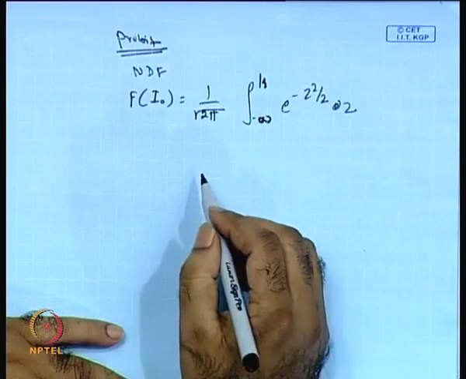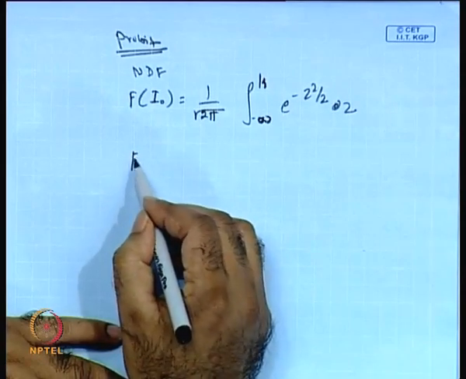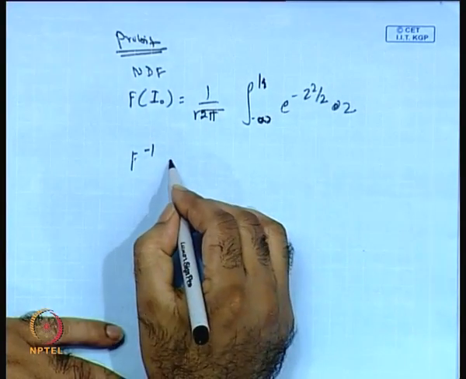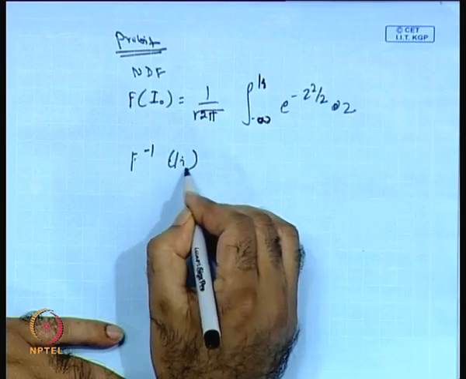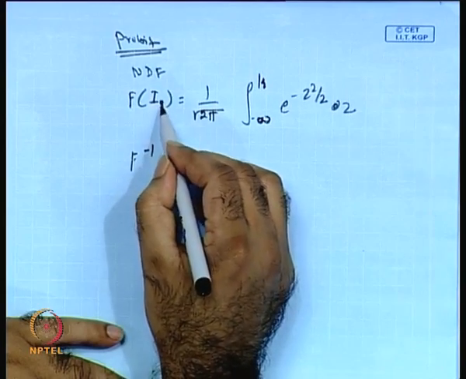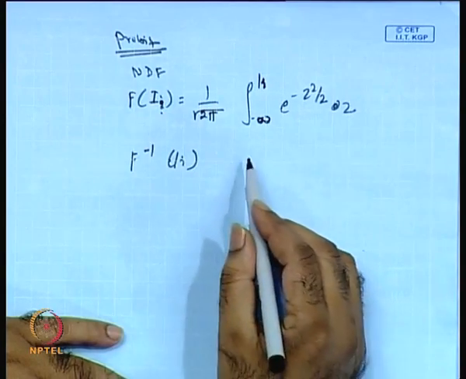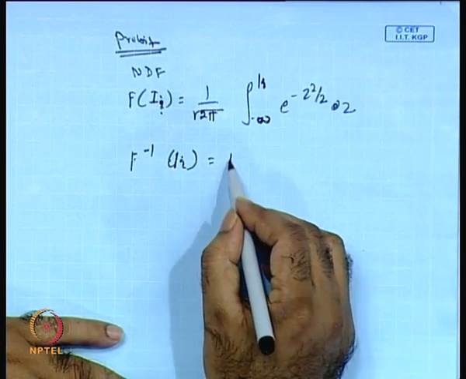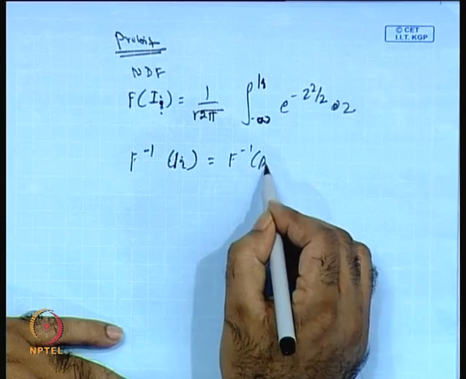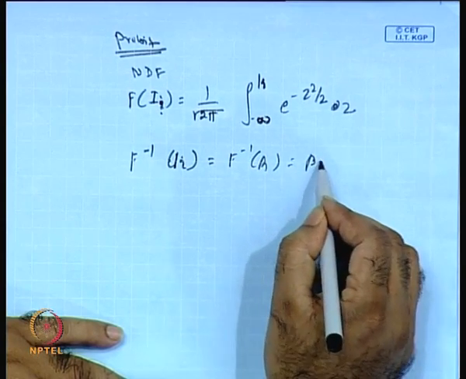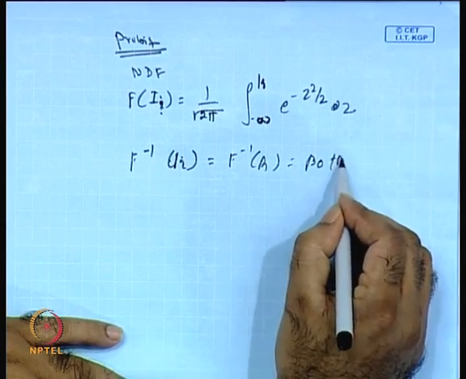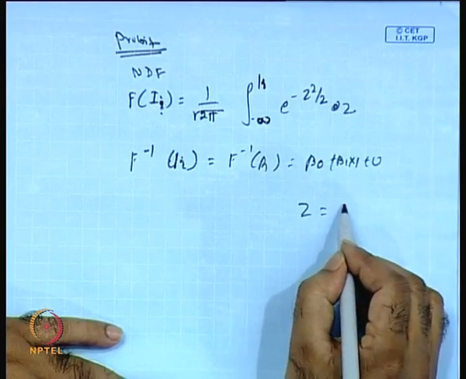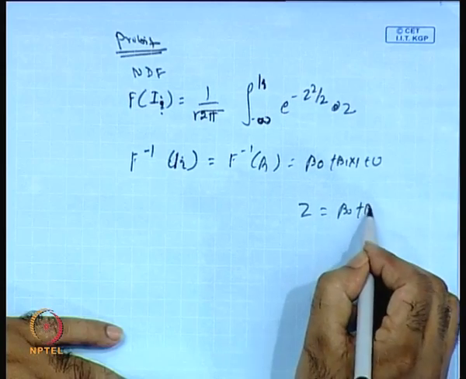Sometimes it can be written like this: f inverse of pi for sample observation I is equal to beta 0 plus beta 1 x 1 plus u. Here again z is considered as beta 0 plus beta 1 x 1.